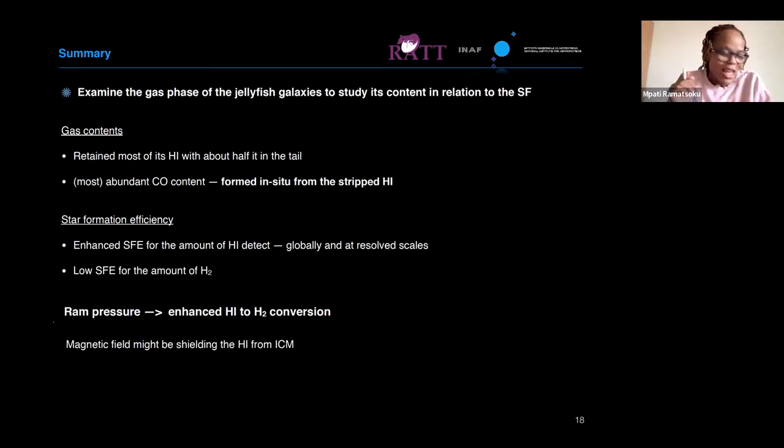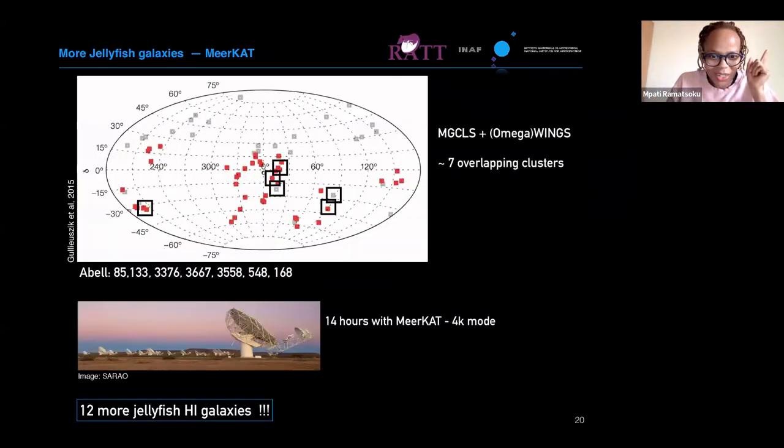We only have a few galaxies that we've been able to play around with. There's a little bit more, actually. I told you that we only had five long-tailed galaxies for which we had H1 data, but recently, thanks to the MGCLs catalog, this is the MeerKAT Galaxy Cluster Legacy Survey, which I think all of you know, we found that there were galaxy clusters which overlapped with Omega-WINGS clusters.